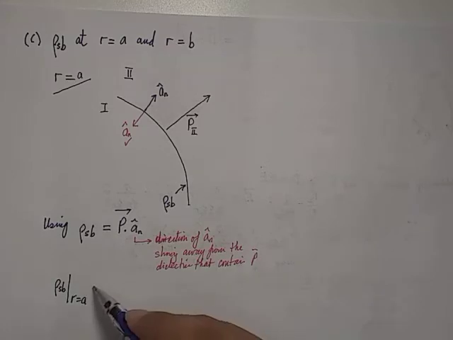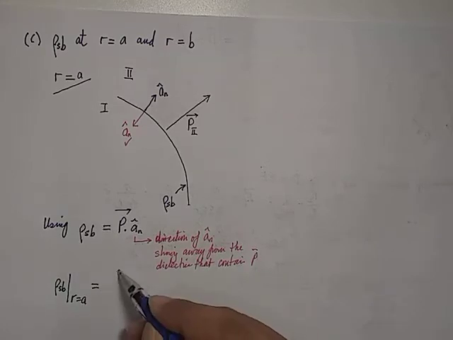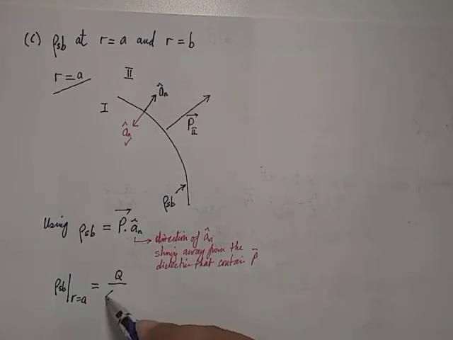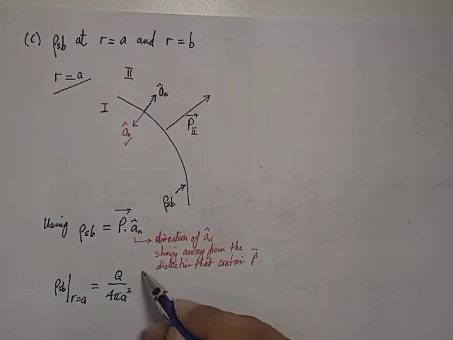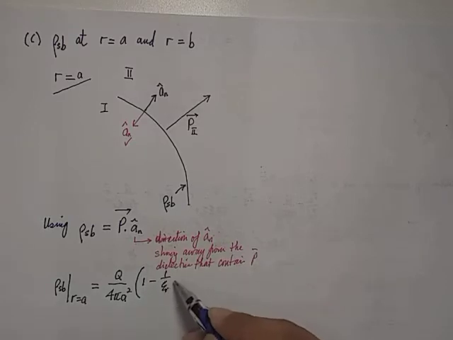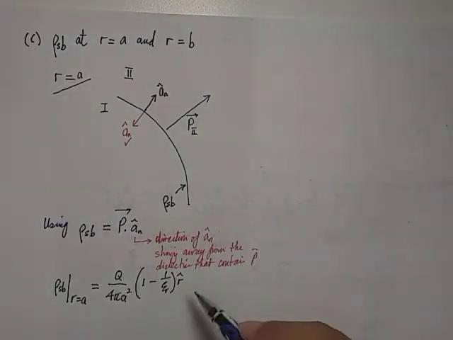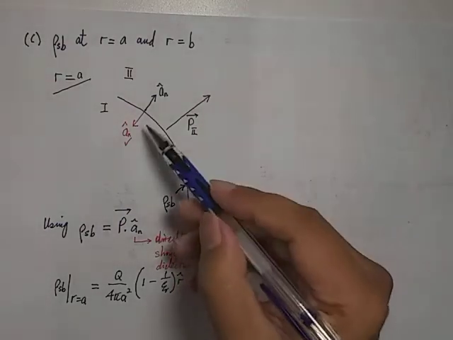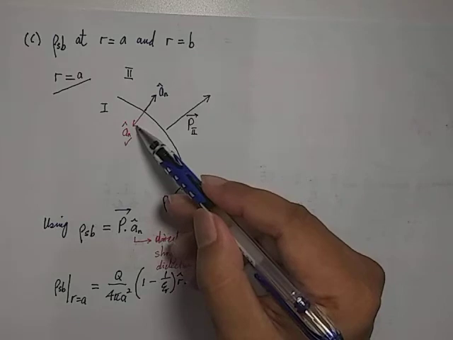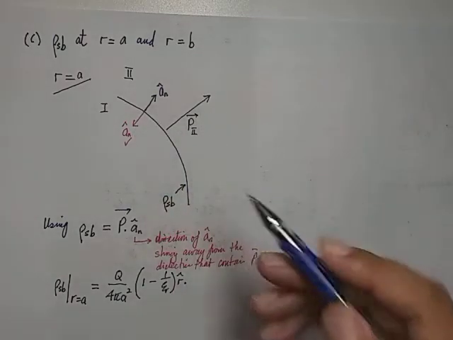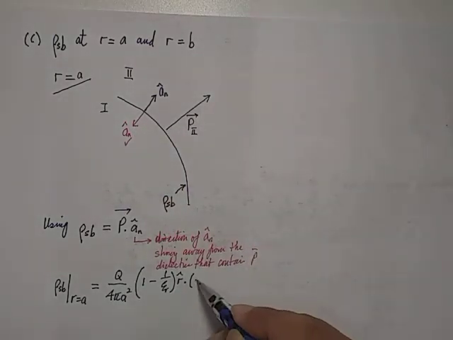So what should be our PQ over 4 pi, and then R equal to A squared, 1 minus 1 over epsilon R, in the R direction. That's the R direction, dot with AN. So AN is opposite to this direction. It's going to be negative R.